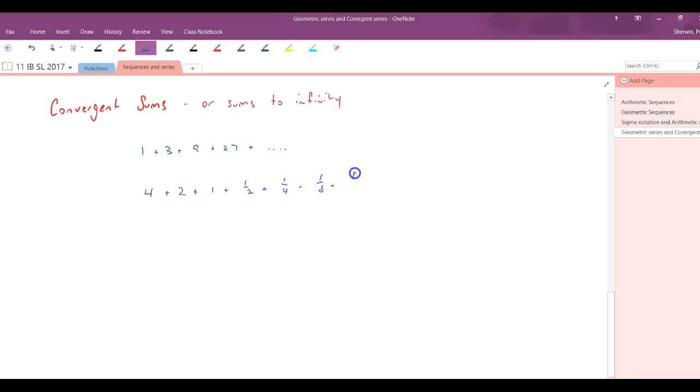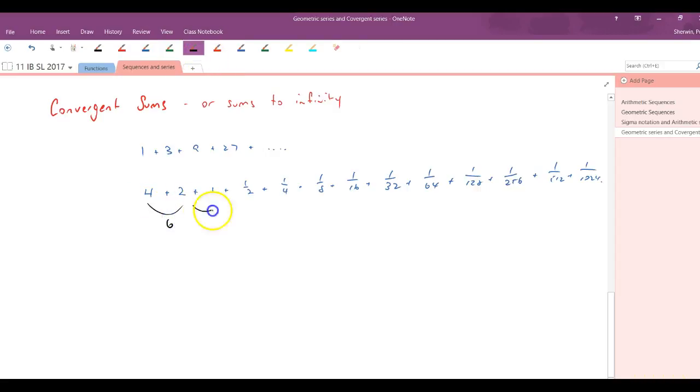What we're finding here is, as we keep going and get smaller and smaller, is that these terms pretty soon become very, very small. 1 over 512, 1 over 1024 gets small. So what we can do here is have a look at this sum and notice that it's converging on a value.